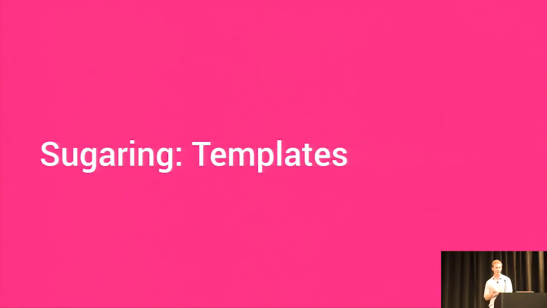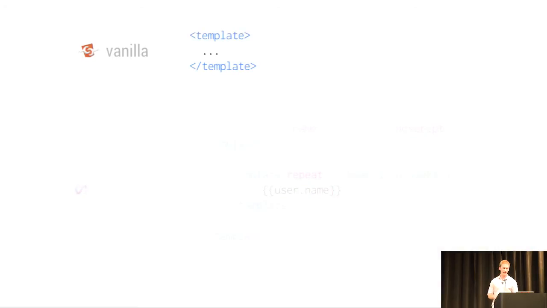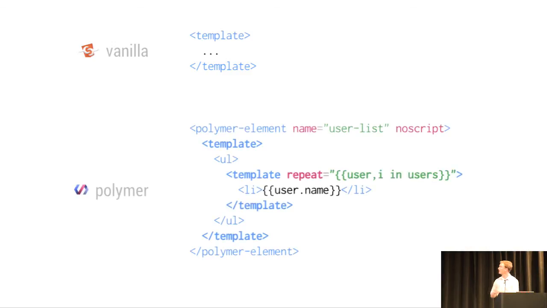The second is templates. So if you want to create a vanilla template, you can just use the template tag, and then you have to fetch it, grab it with script, and stamp it out on the page, and then you have your template actually in the DOM. Polymer says, well, every element should have a template. So every Polymer element expects this template if it's got layout involved in it, and that's where you actually scaffold up your DOM and your layout for the element you're trying to create.